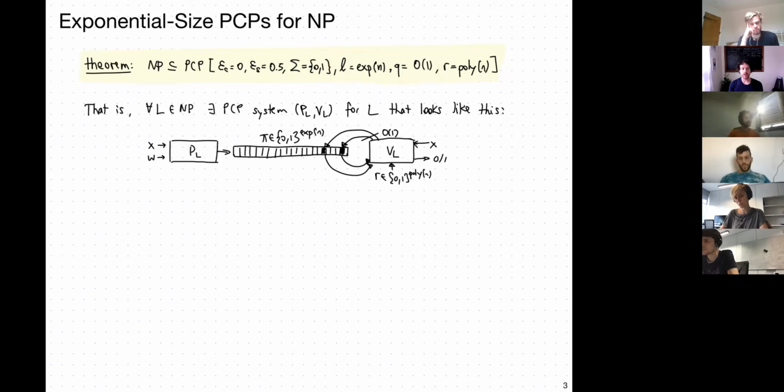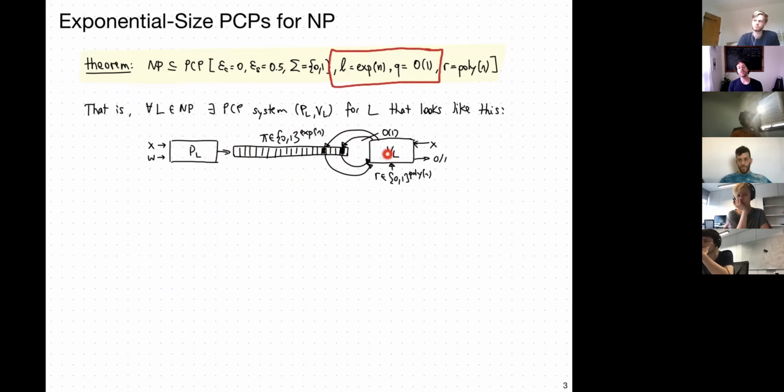Just to remind you again, we're talking about the PCP system. That means that we'll have this prover, and the prover will generate this exponential size proof, which will be written down.